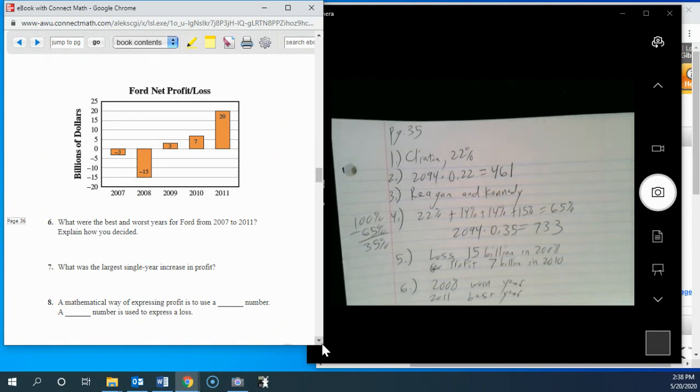So we just go lowest and highest. They said explain why you decided. So 2008, worst year, lost the most. And then here for 2011 being the best year, they gained the most.